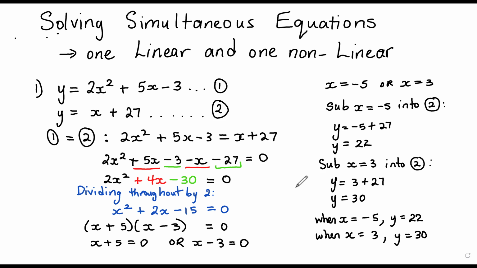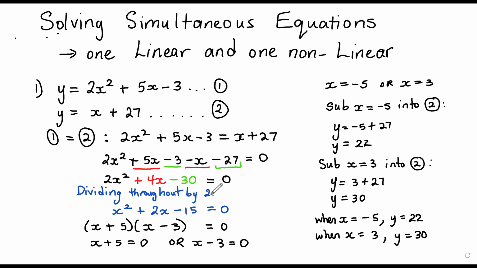It doesn't change the answer once you divide or multiply throughout, meaning every single term in the equation. So I recognized that 2x squared, 4x, and 30 are all even numbers, and the highest common factor there is 2. So I divided throughout by 2. Each term in the equation I divided by 2.